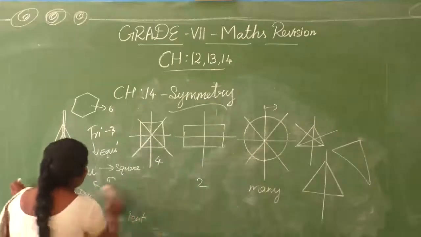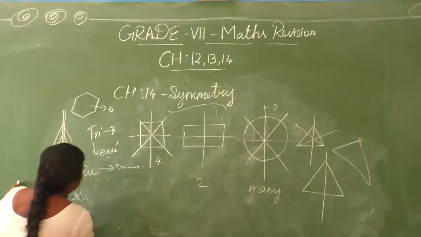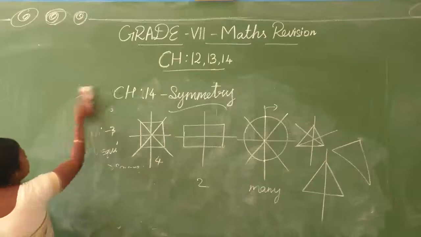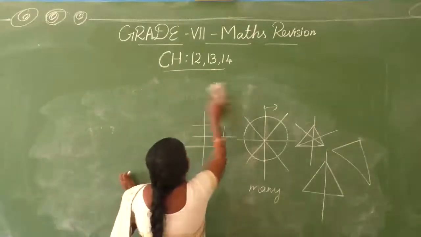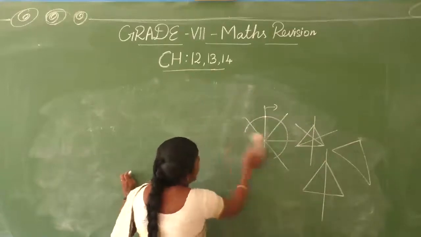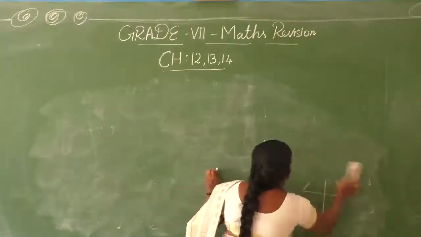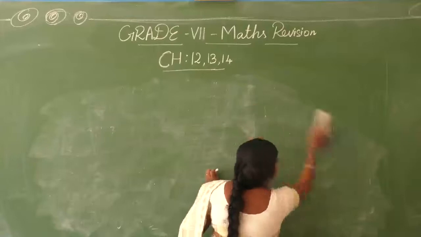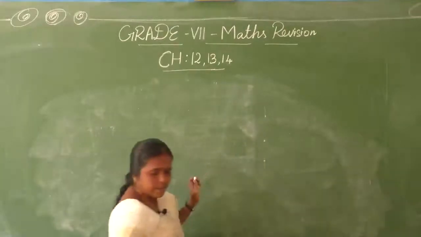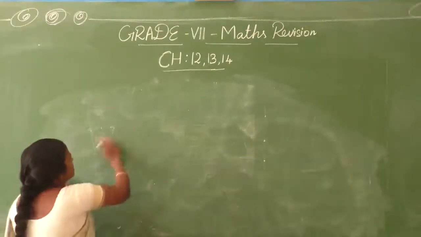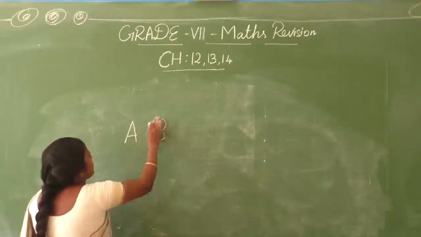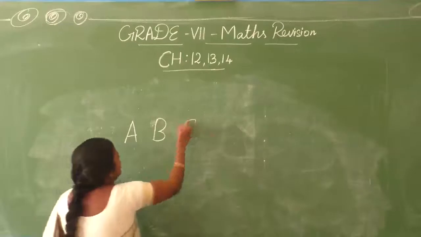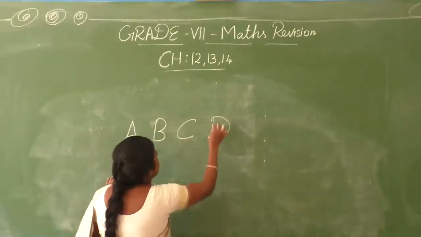Like that is there. Alphabets. What are alphabets? You know well. See, alphabets A, B, C, D, like this.